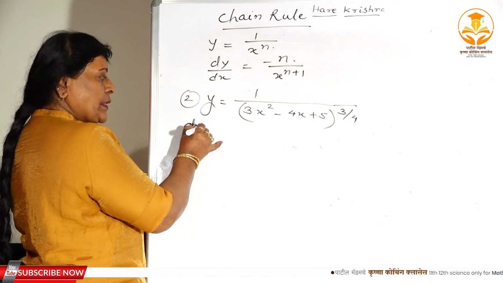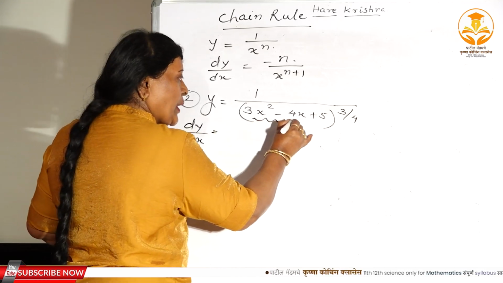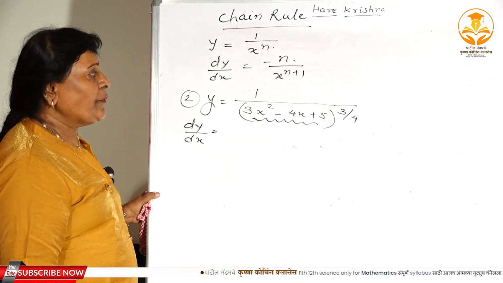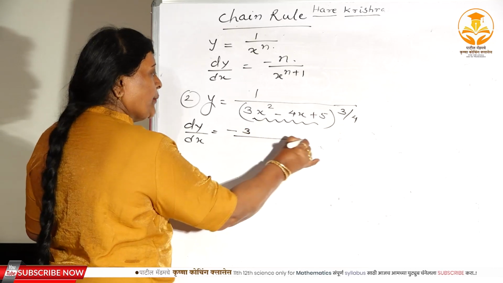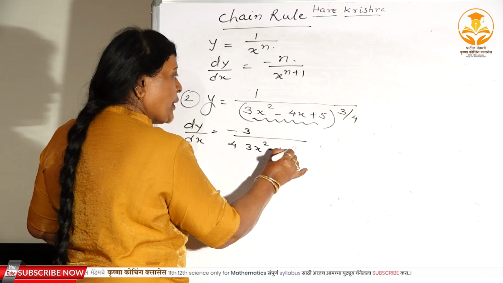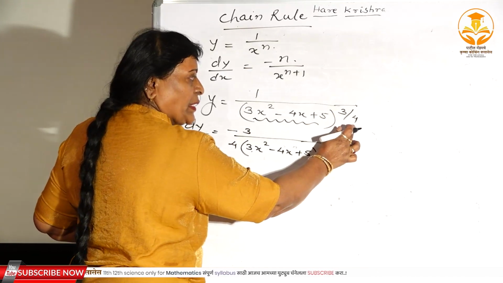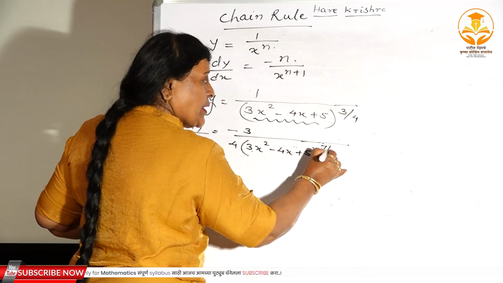Again how will you do this? See, dy by dx, again you can substitute this as a u. What is the derivative of 1/u to the power 3 by 4? Minus n means minus 3 by 4 divided by 3x square minus 4x, u to the power n plus 1, means 3 by 4 plus 1, so what do you do? 3 plus 4, that is 7, 7 by 4.